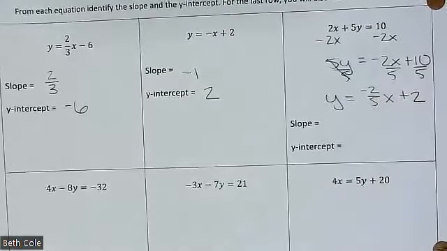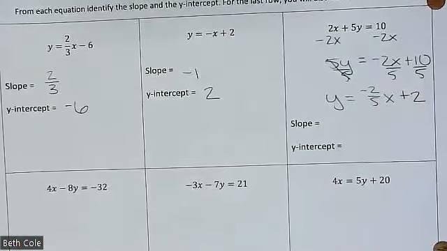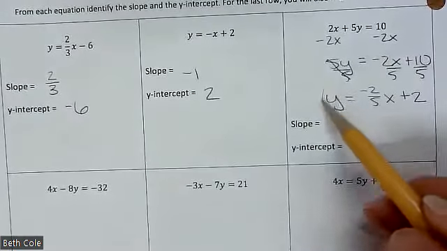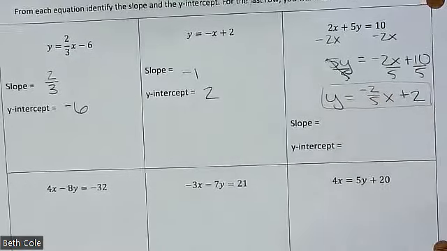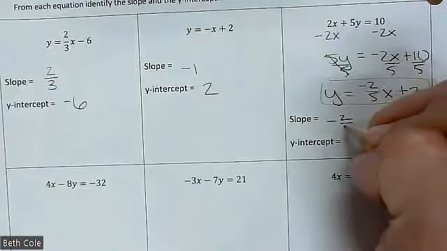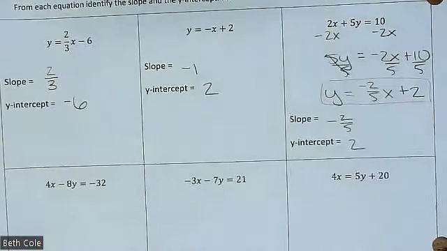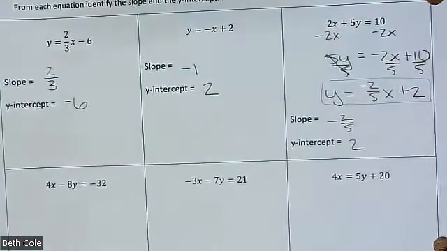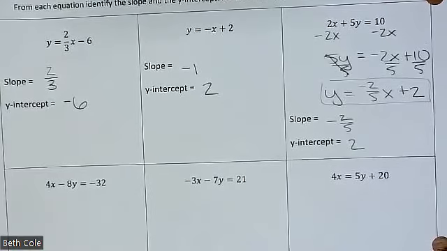Good. Oh my gosh, we did it. And if you were like, hey, I didn't quite get that, I have 3 more examples we're going to practice. All right. We got it in y equals mx plus b form. Now what's the slope? -2/5, and your y-intercept 2. So you just have to rearrange it sometimes. You'll be okay.